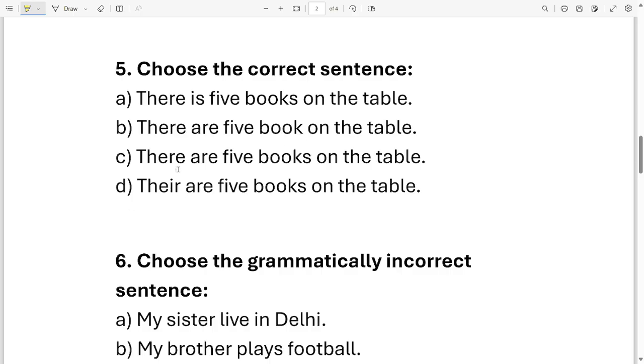And in the last option, the spelling of there is different from the other there. So every sentence is different. They might sound similar when I was speaking the options. So go through your options very carefully and choose the correct option. Which one is the correct sentence? It is option C. There are 5 books on the table.